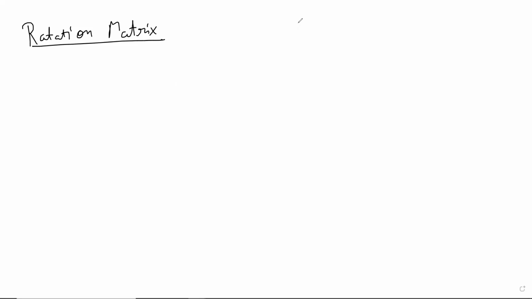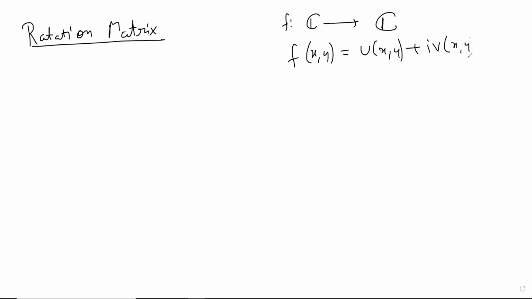We had seen that if you look at a function which is from C to C, which is a complex function, you could also write it as this, same thing.